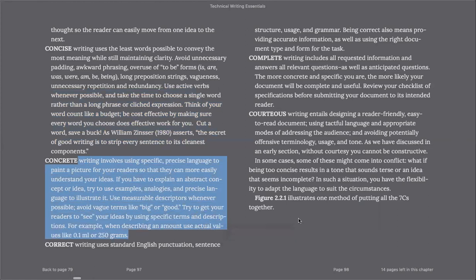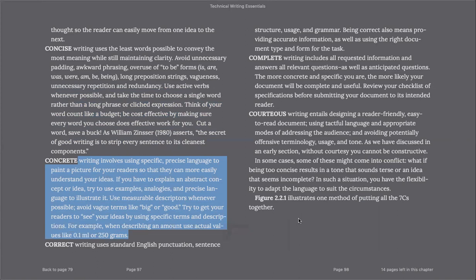The next C would be concrete writing. Concrete writing is known as in one piece, all the ideas are connected within an essay or report that you write. Your writing involves specific, precise language to the point. If there is a graph that you write about, you are only talking about that graph. If there is a topic of the essay, you don't go off topic.